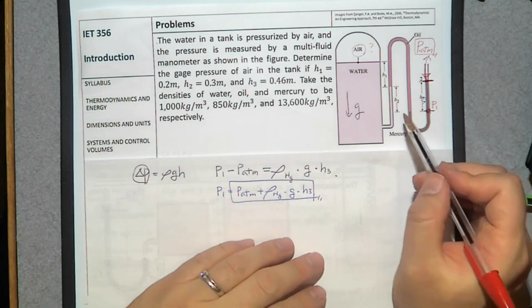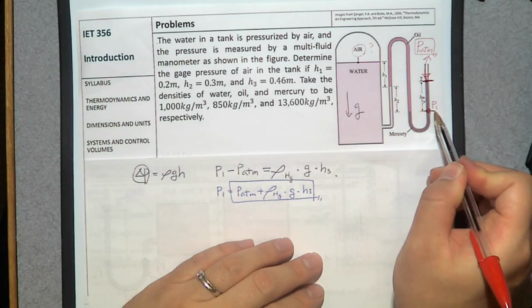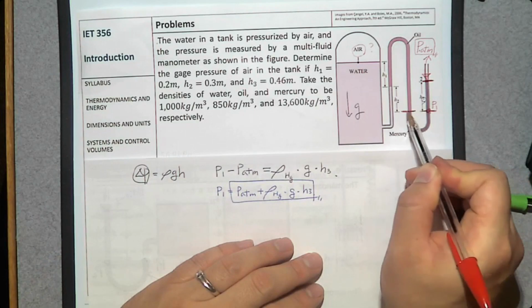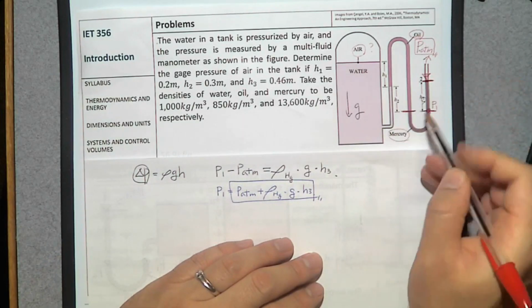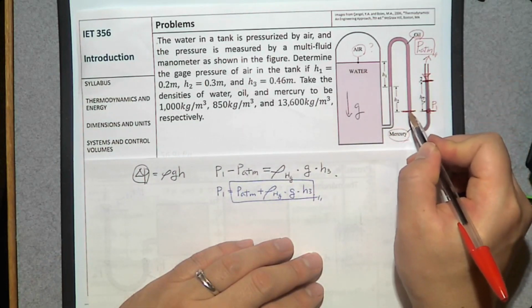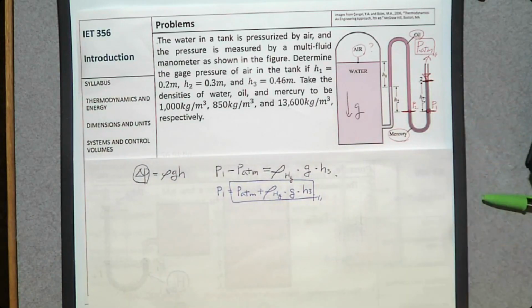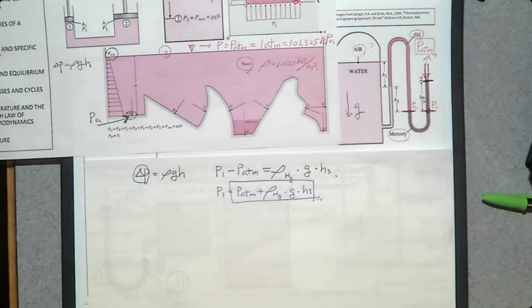Then, from this P1, there's an interface between oil and mercury. I'm going to say this one is P2. What is the relation between P1 and P2? If you remember this figure between PA, PB, PC, PD, E, F, G, what are their pressure values?